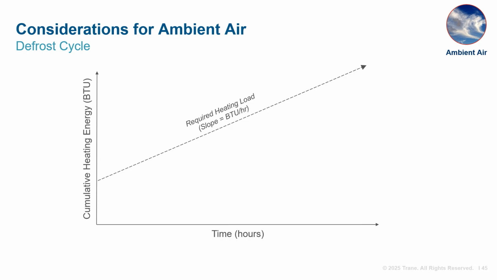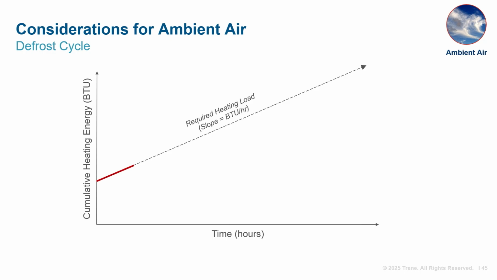On a chart of cumulative BTUs versus time, a heating load is represented by a line with slope BTUs per hour. Since this is a cumulative plot, the line could go on into infinity, so we have to think about this as a snapshot in time.